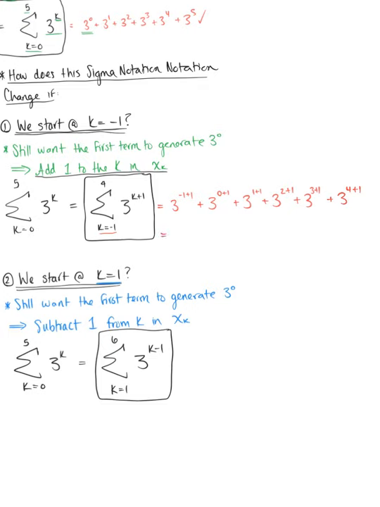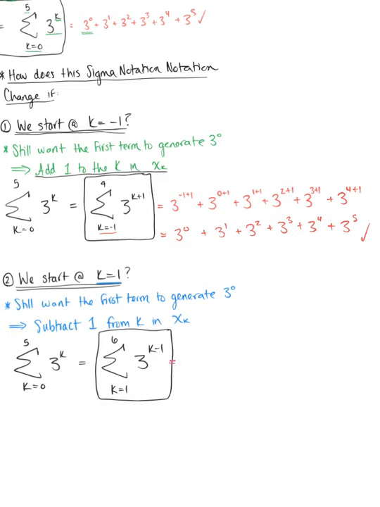And now, there's your expansion. When we evaluate this, we have 3 to the 0, 3 to the first, plus 3 squared, plus 3 cubed, plus 3 to the fourth, plus 3 to the fifth, which matches. It's equivalent.